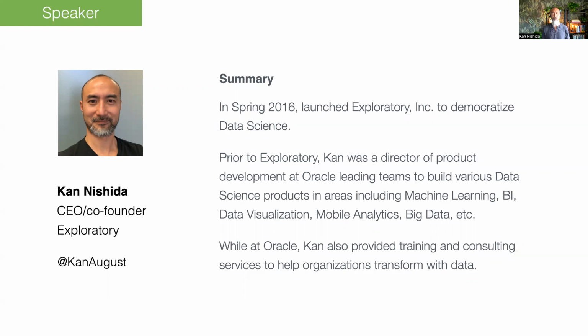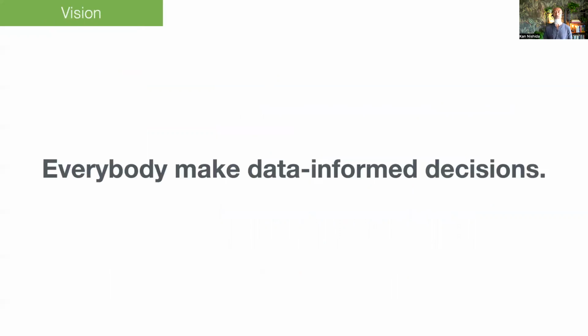The main thing we are doing is to build Exploratory Desktop and also the server as a sort of data science platform where people can work on their data, understand the pattern and the trend, and then find useful information. And our vision, the world that we want to create, is one where everybody can make data-informed decisions.